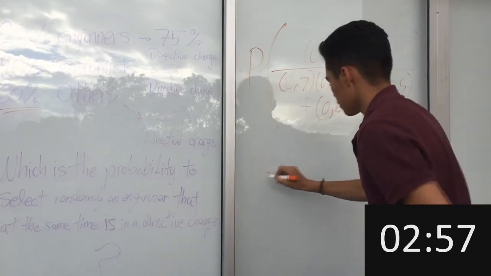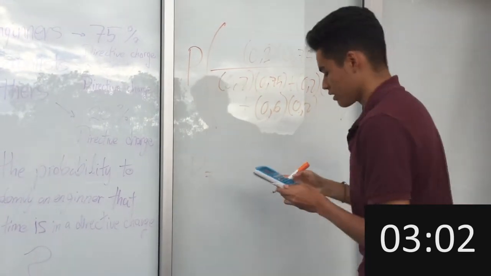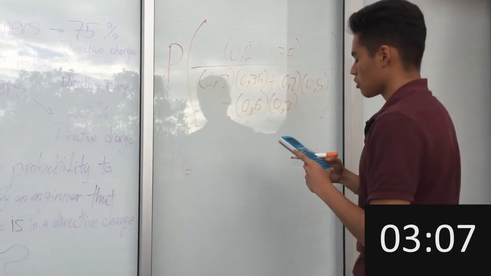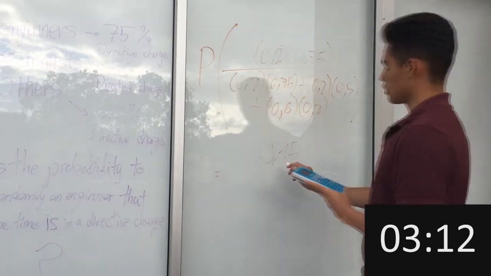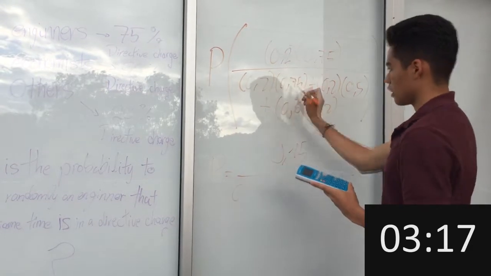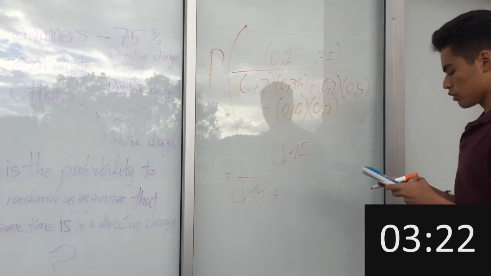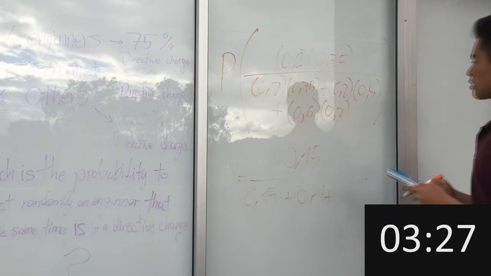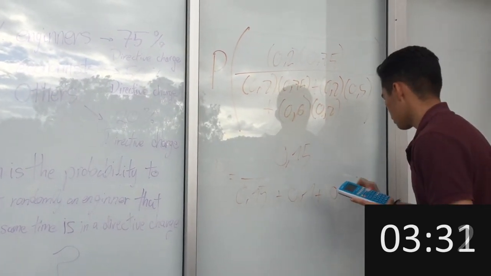Now the probability is, with the calculator, 0.2 times 0.75 is 0.15. Now 0.15, that is the same that's under the line, plus 0.2 times 0.5, 0.1, and plus 0.6 times 0.2, that is 0.12.